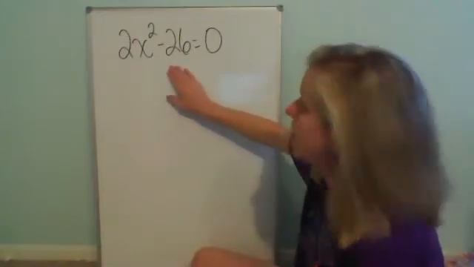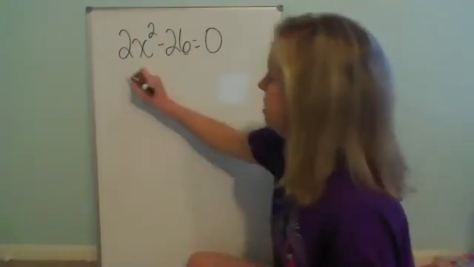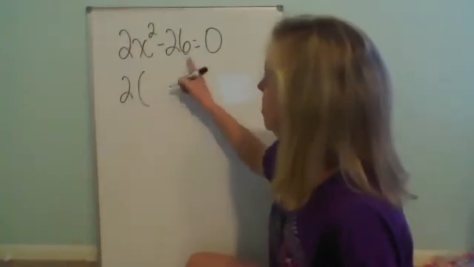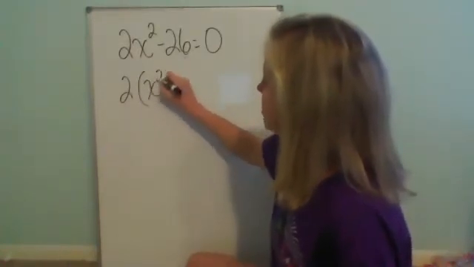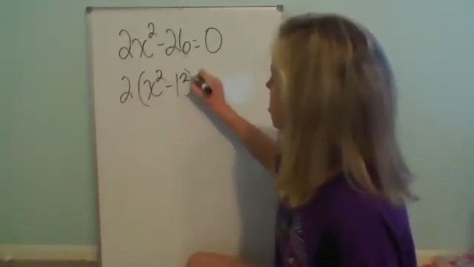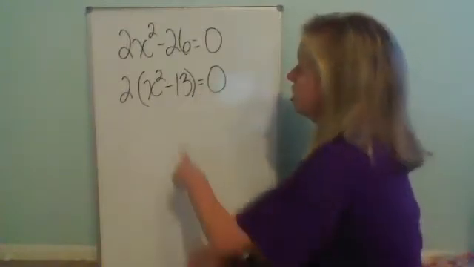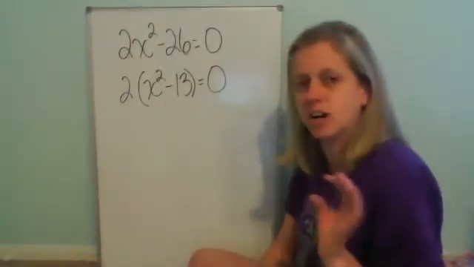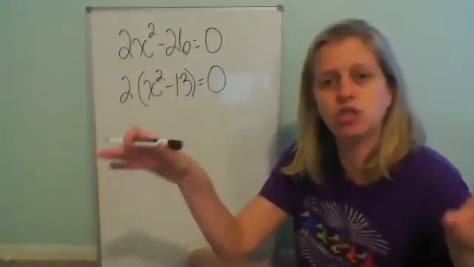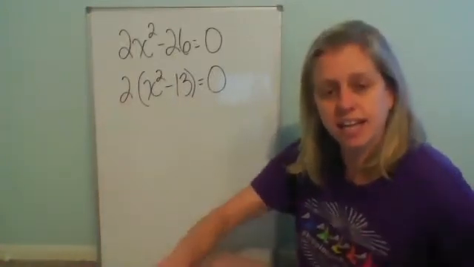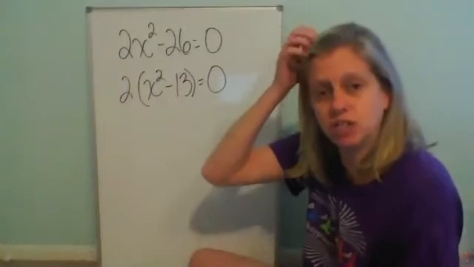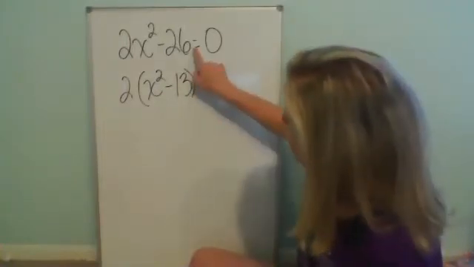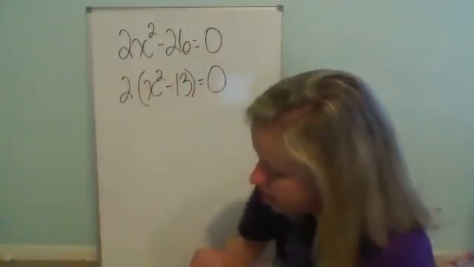But if I just pull out a 2, don't even write this down because it's not going to work. And put in parentheses what's left, I have x squared minus 13. So look here, I still have x squared instead of x. So I don't have those two separate factors that I can set equal to 0 to get my two answers. The reason is I couldn't pull out an x from that.